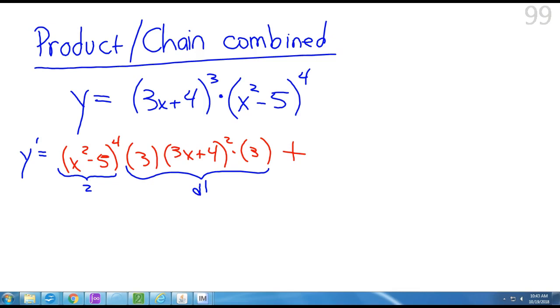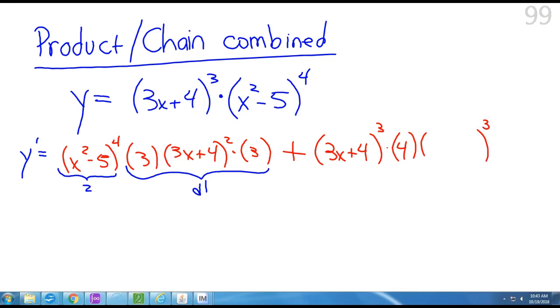Alright, repeat it, but flip it. So the second times the derivative of the first plus the first, so I rewrite the first one just like it is, times the derivative of the second. Well, the second's a chain rule also. What's your outside function there? Fourth power. So to take the derivative of powers, you bring them down and reduce by 1.